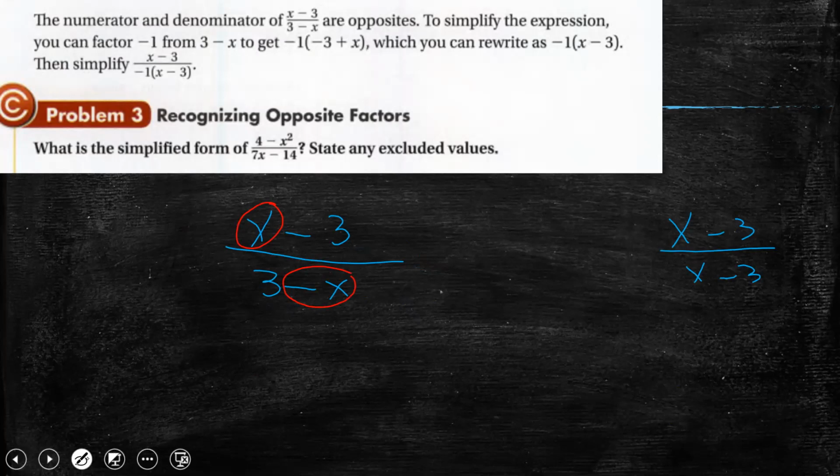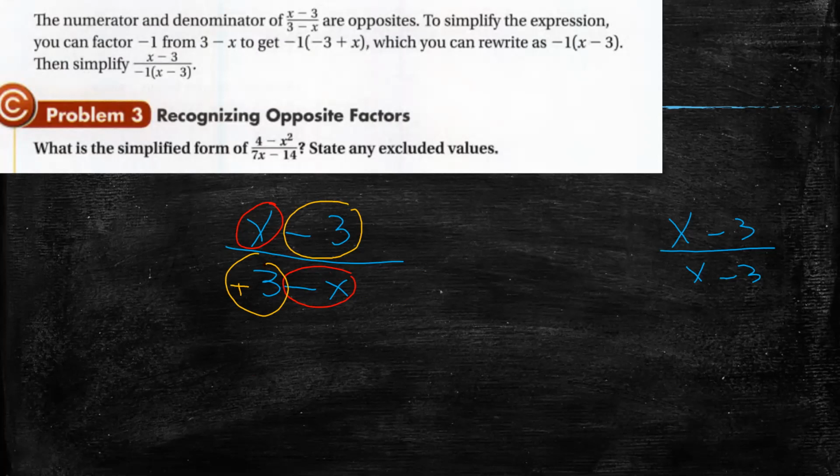And also look at the numbers here. We have negative and we have positive. So the numbers are also opposite. Since the variables are opposite to each other and the numbers are opposite to each other, in this case I will cancel them. If the variable and the number, both of them, are opposite to each other, I can simplify them. I can cancel them.